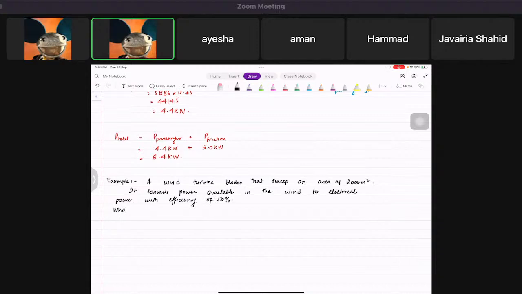So then it says what is the electrical power generated if wind speed is 10 meters per second and density of air is 1.3 kg per meter cube.